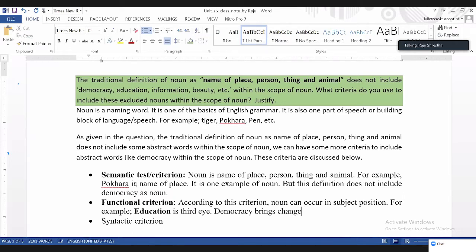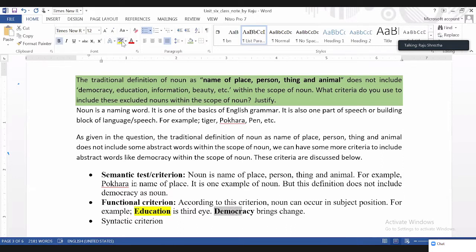So democracy is in the subject position. Beauty, education are in the subject position. They are nouns, because a noun occurs in the subject position in this way.